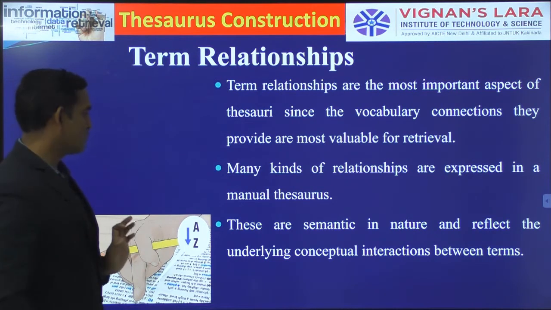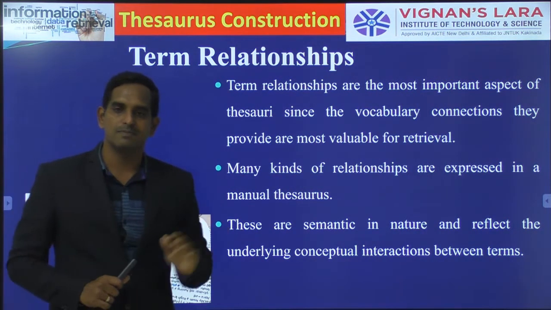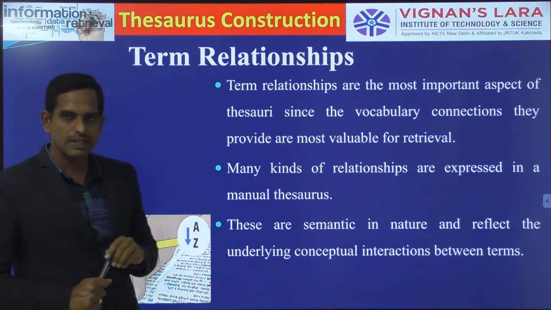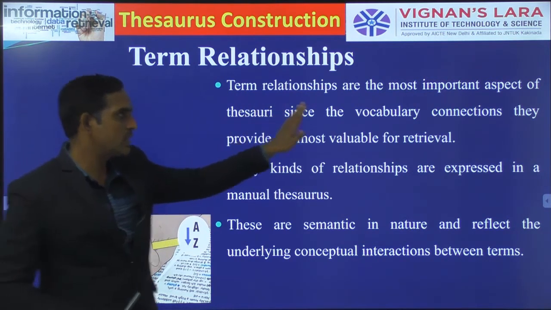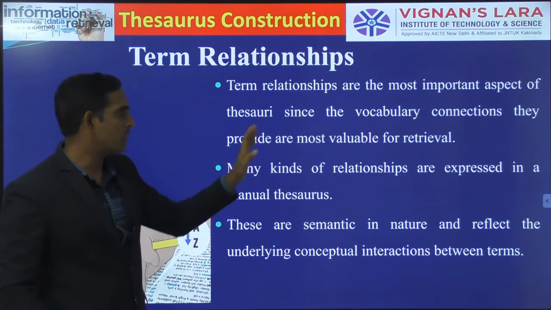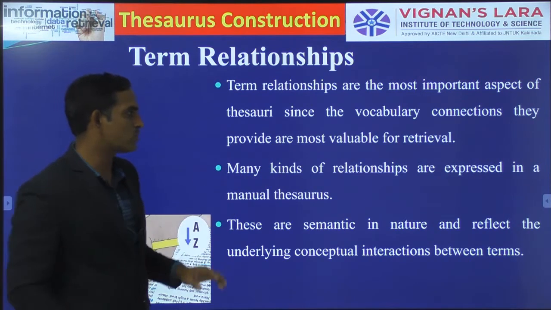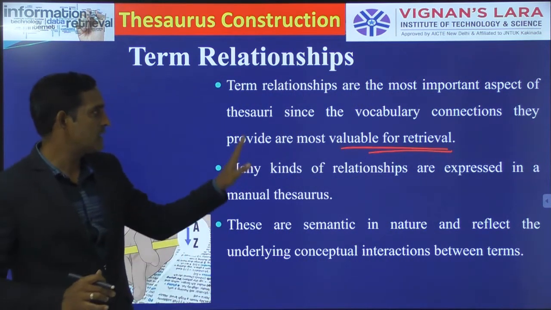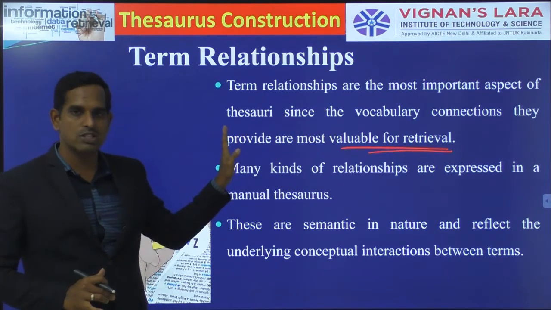The second type of feature of a thesaurus is term relationships. Okay, term relationships are the most important aspect of your thesaurus, since the vocabulary connections they provide are most valuable for retrieval. Why?